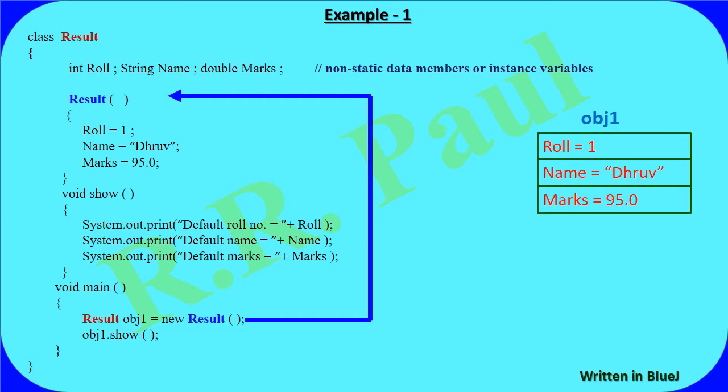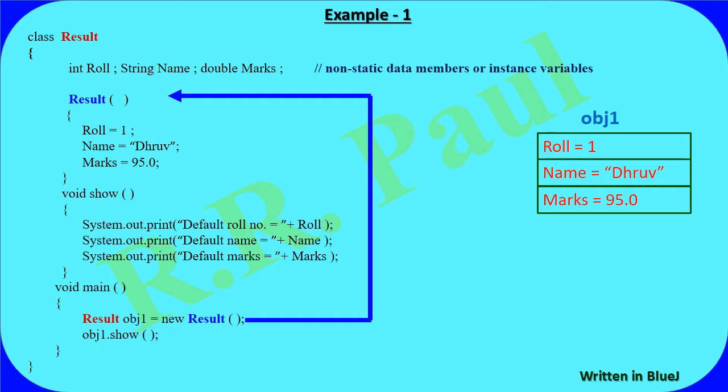That is decided by the constructor. So just see, in the constructor, what is written? Roll equals 1, name equals Dhruv, marks equals 95.0. These are the starting values being given to the instance variables, which are attached with the object obj1.